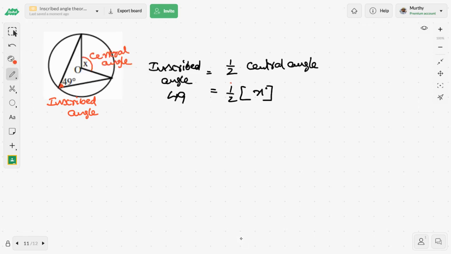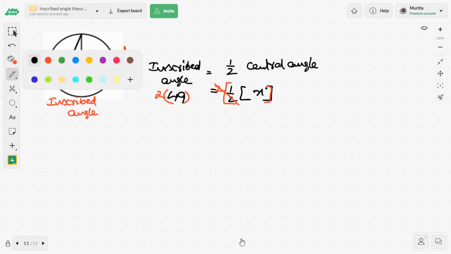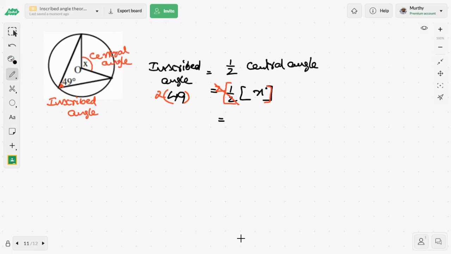You know how to eliminate this half: just multiply by 2. 2 times half gives me 1, and 1 times anything remains the same. So x equals 2 times 49, which is 98 degrees.